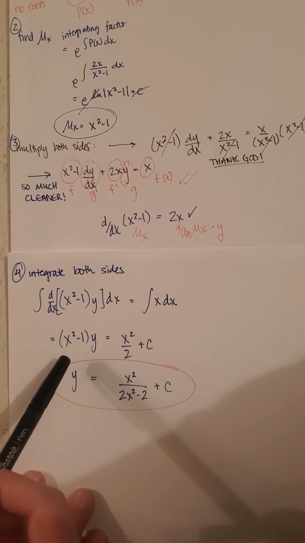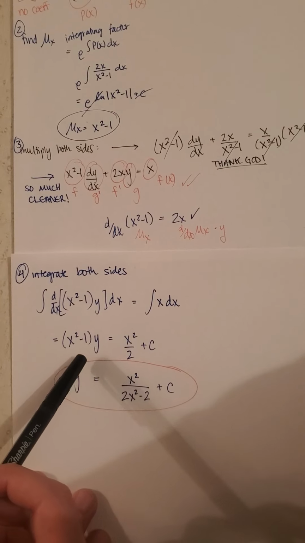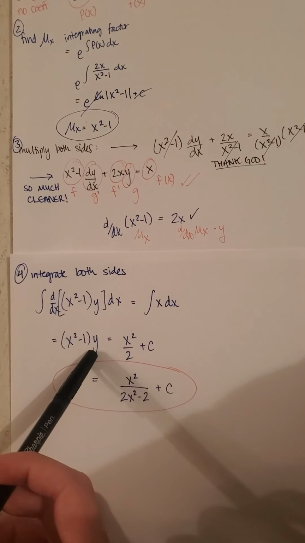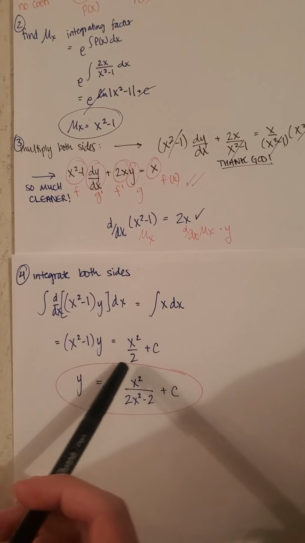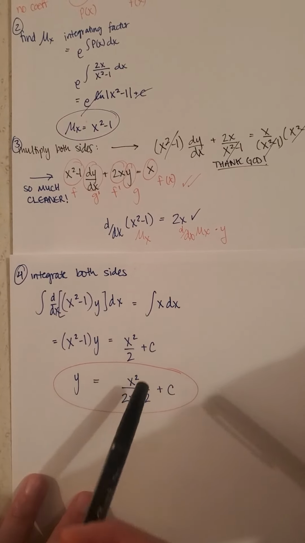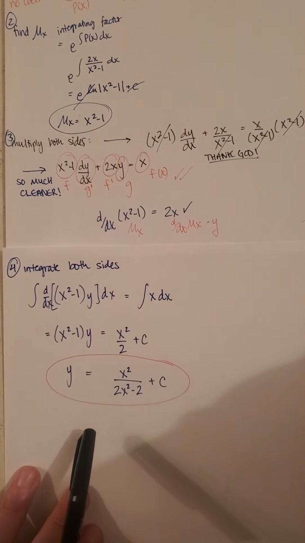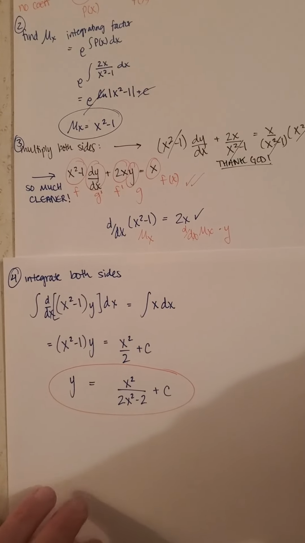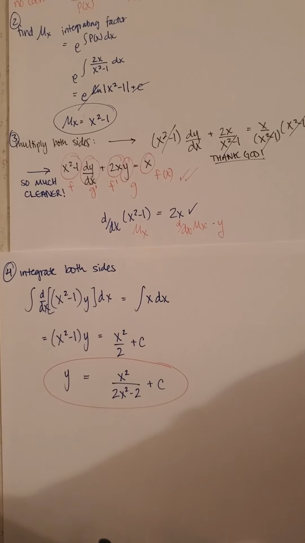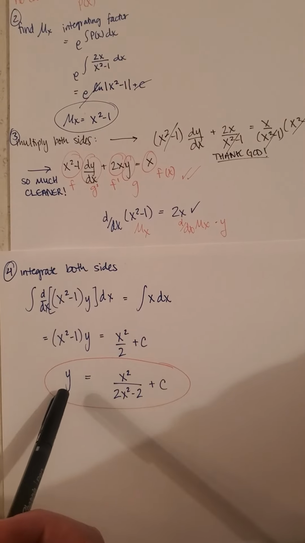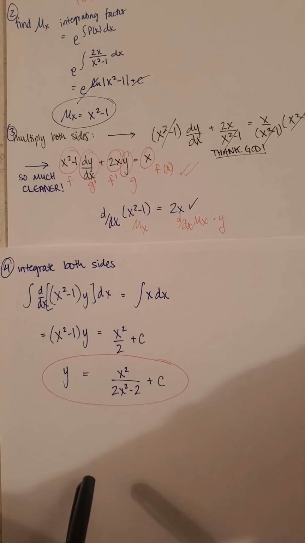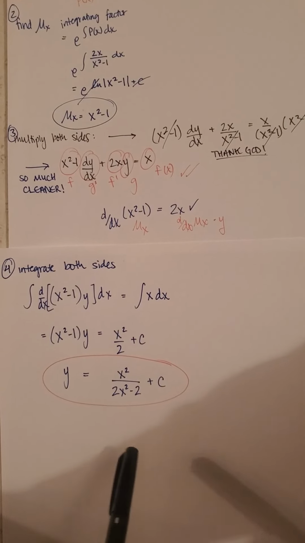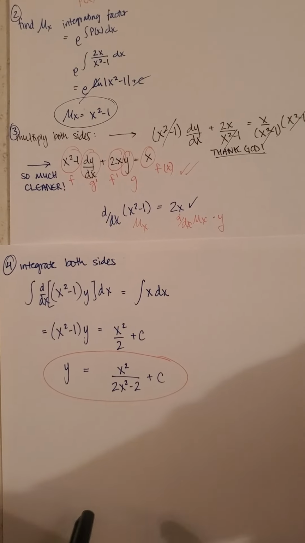You end up getting this right here, x squared minus 1 and the y. So now it's just one term in front of the y. The integral of this is pretty easy. It's just one half of the x squared plus c. And then you just get y on its own through simple algebra. You end up with x squared over 2x squared minus 2 plus c.